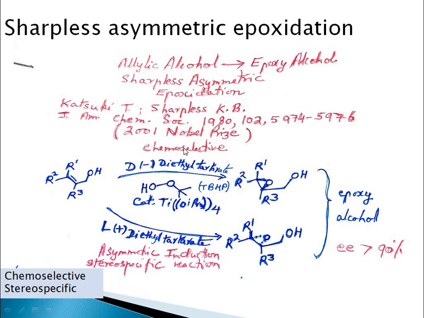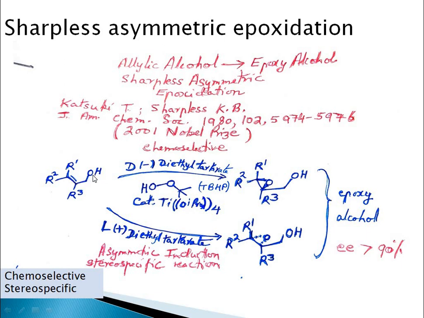This reaction is both chemoselective as well as stereoselective. We will see how. Here, chemoselective implies that though there may be a number of double bonds and maybe many OH groups present in that molecule, only the OH group which is allylic, that is C=C-CH2OH, only then it forms an epoxide.